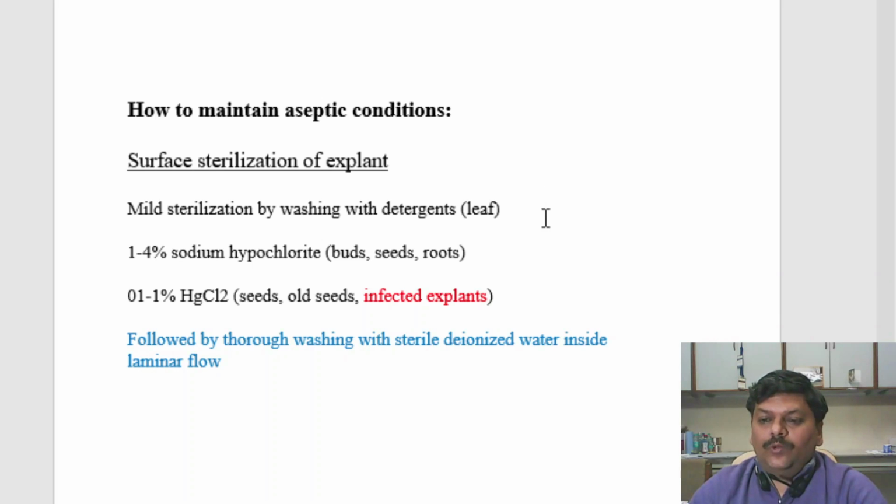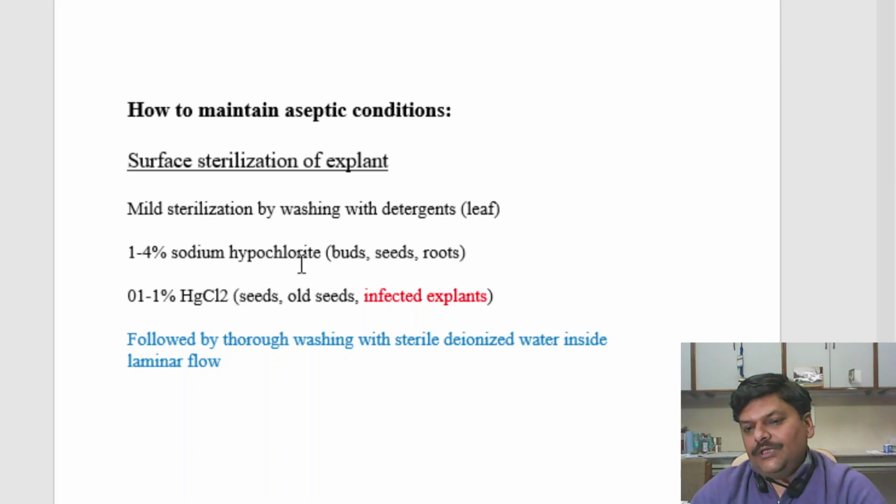Another thing is how to sterilize the cells itself, which we are going to use for plant tissue culture. So there are many methods, and the most popular method is washing our explants or plant part with commercial bleach, which is sodium hypochlorite, as 1% to 4% solution, depending upon what type of explant we are using.